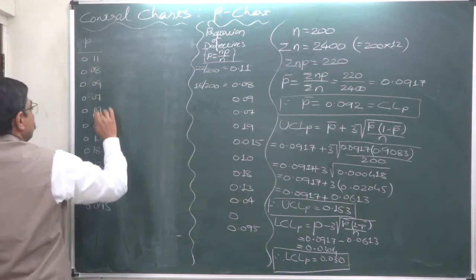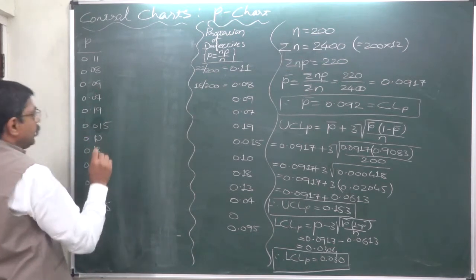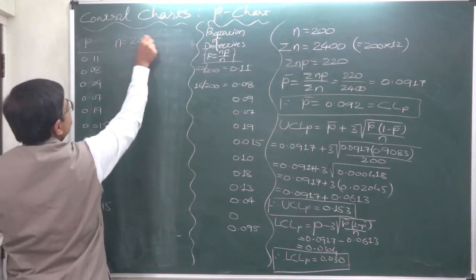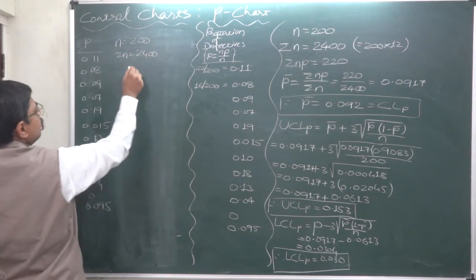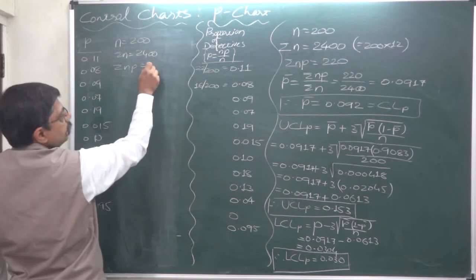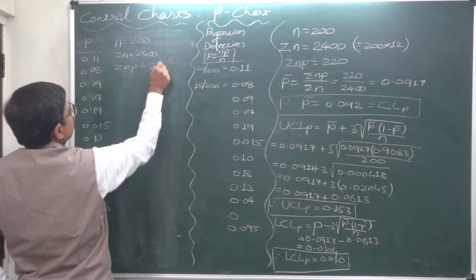Samples 1, 2, 3, 4, 5, 6, 7, 8, 9, 10, 11, 12. N is 200, sigma N. Okay, this is just a summary. Sigma NP is not necessary for preparing the chart.